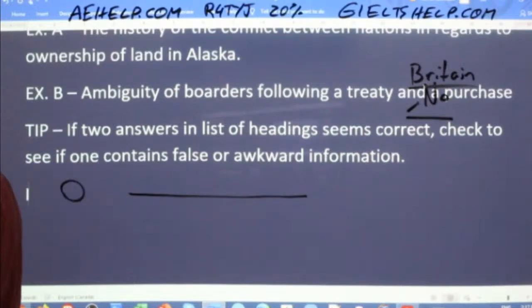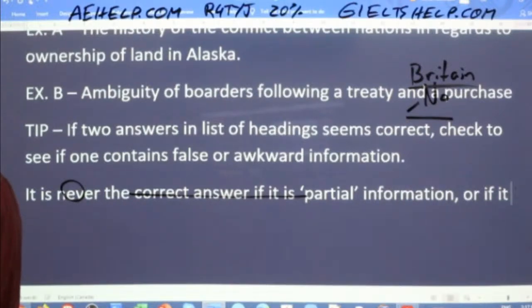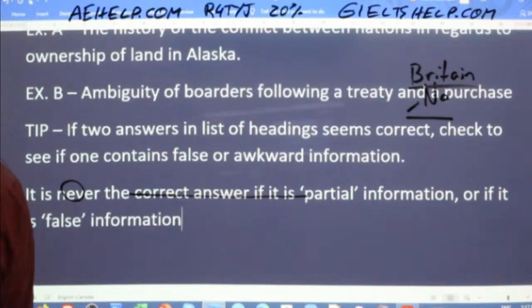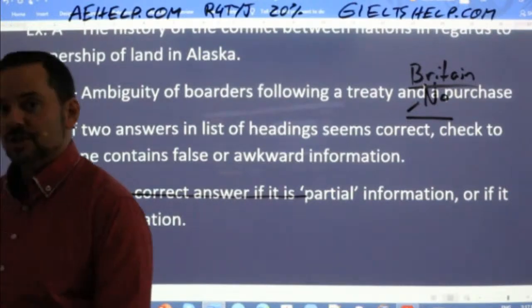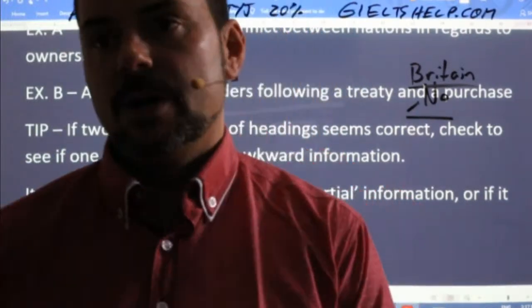So it is never the correct answer if it is partial information or if it is false information. So if it says between the British and the Russians, and in the choices it says American and the Russians, it's not going to be the right one, okay?